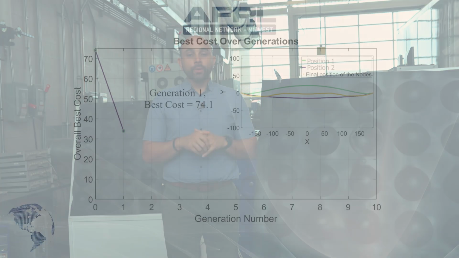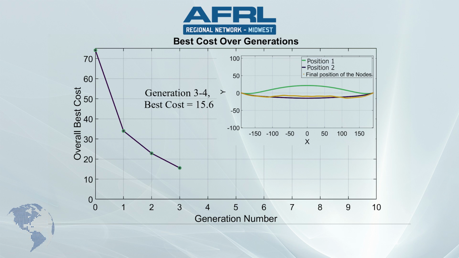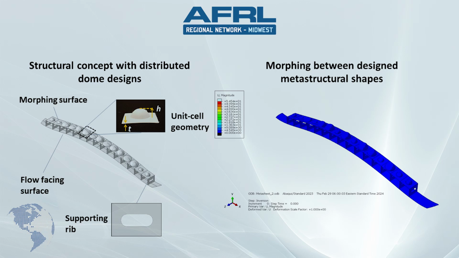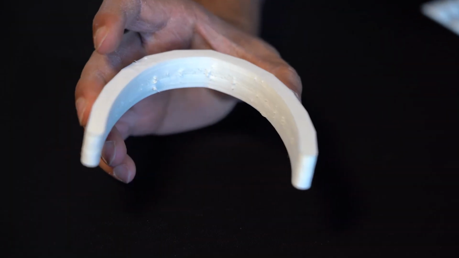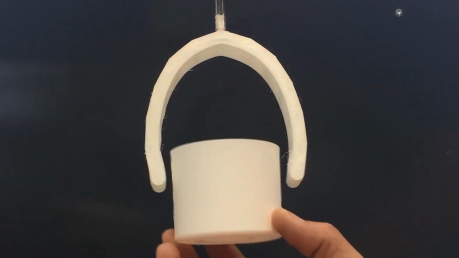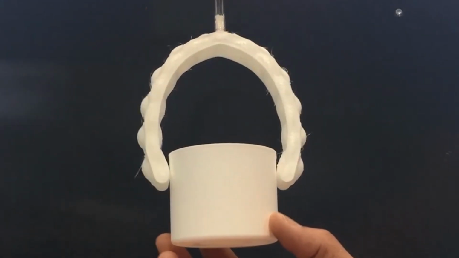And we were successful in establishing this design tool based on finite element analysis and optimization to essentially obtain from the optimization process a distribution of dome-shaped units and their local shapes that allow us to morph from a desired target shape to a second desired target shape.